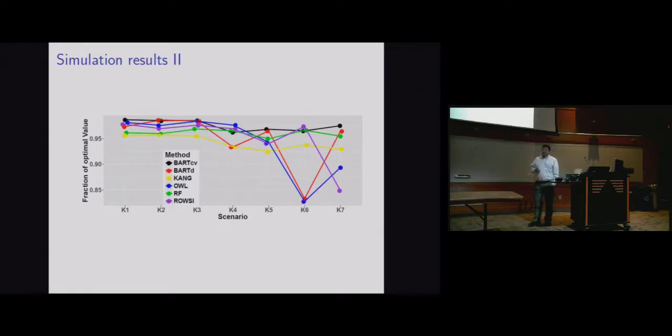If you look at the scenario 2 settings here, again, the black is at the top except for, I think, just this one setting here, and maybe a little bit here, but it's generally at the top compared to many of the others. Random forest, which you might consider an analogous method to BART, was the green one here, so it's generally lower in many of the settings.